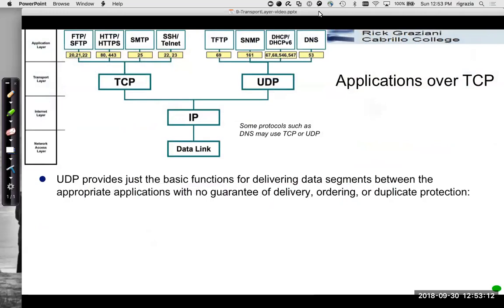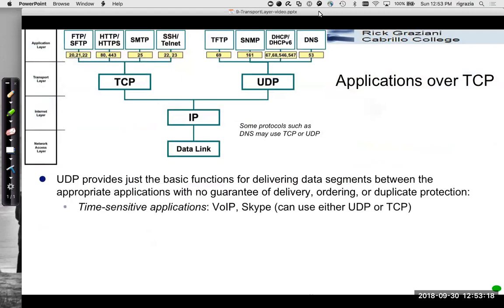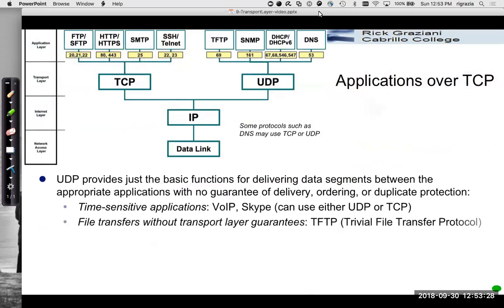So UDP provides just the basic functions for delivering data segments. Like I said, no guarantee of delivery, ordering, or duplicate protection. We mentioned that's appropriate for time-sensitive applications like voice over IP or Skype. By the way, Skype can also use TCP.